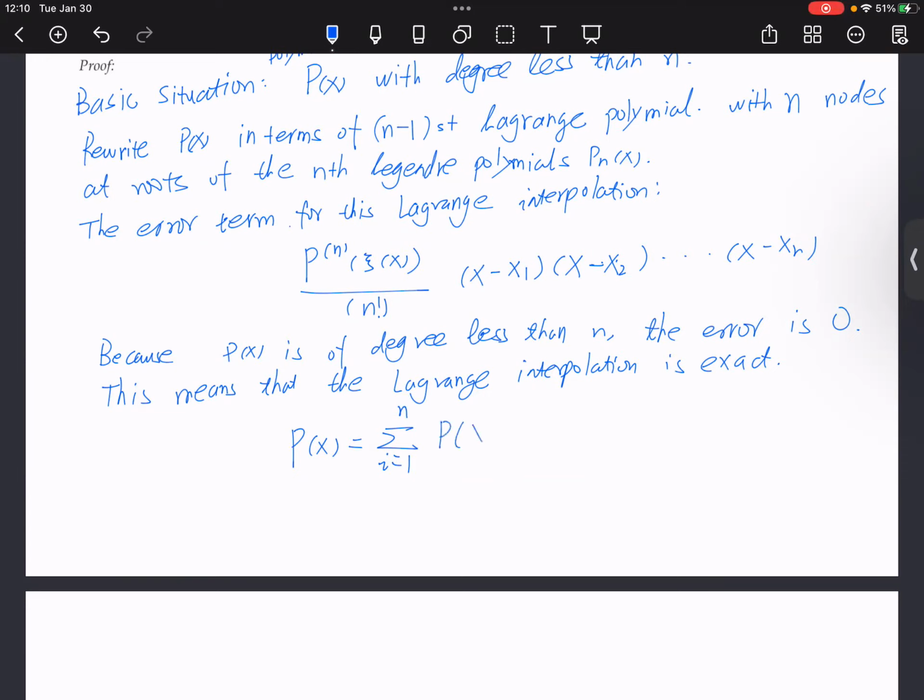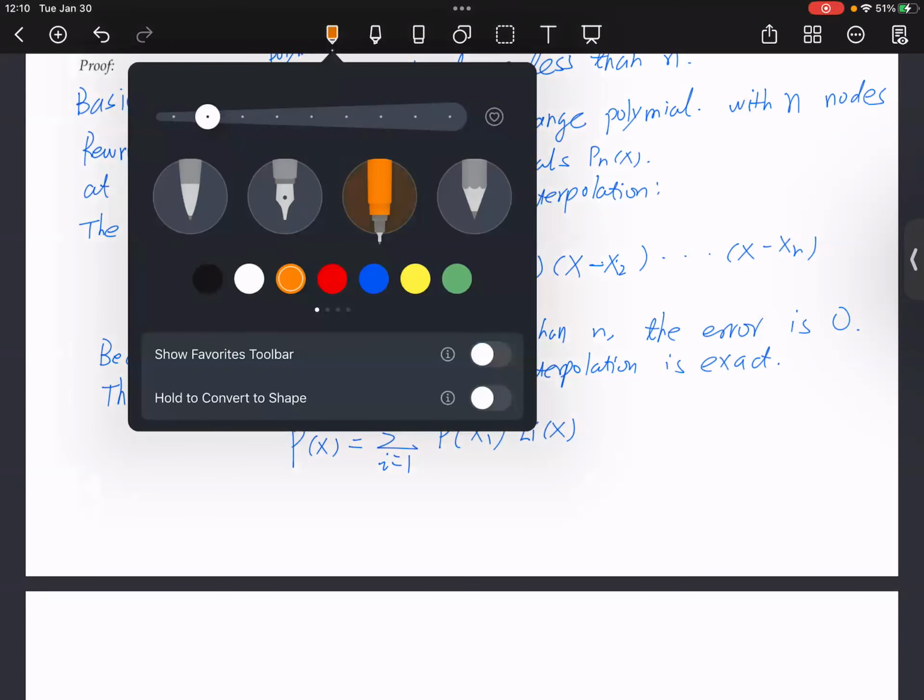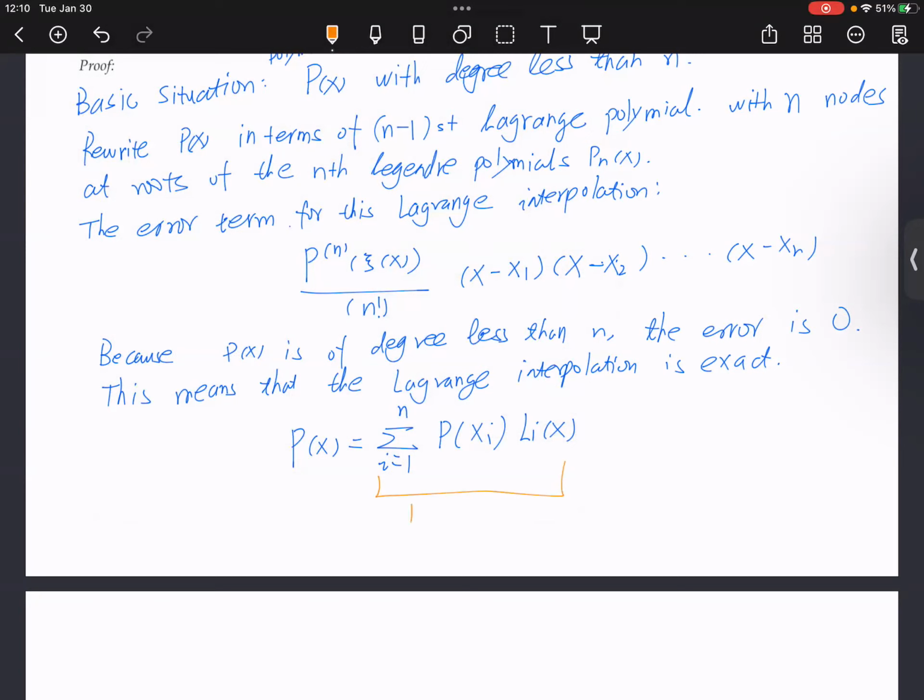And this is the Lagrange interpolation for p(x), the function p(x) we are considering, with degree less than n.